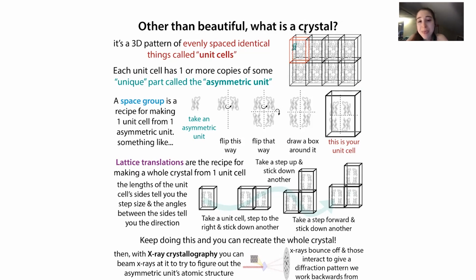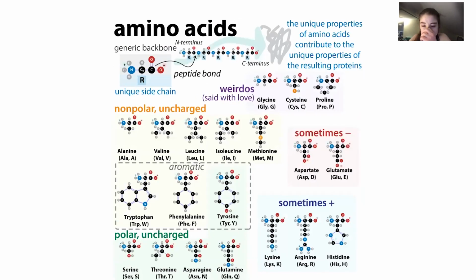But you can also have things that are inherent to your protein and have nothing to do with the crystallization itself. Some regions of proteins are more flexible than other regions. This has to do with what amino acids they have and where in the protein they're located.